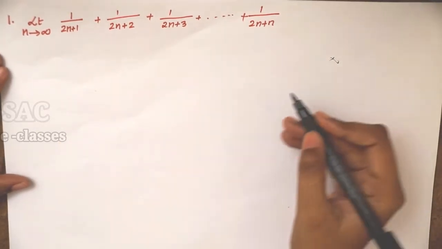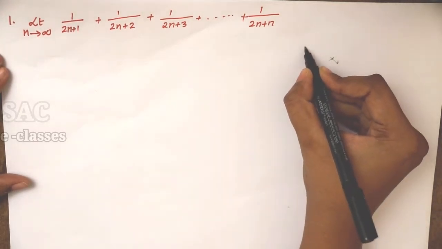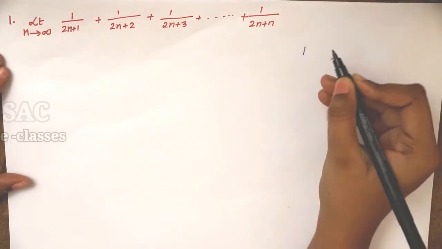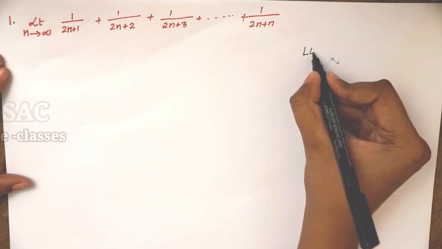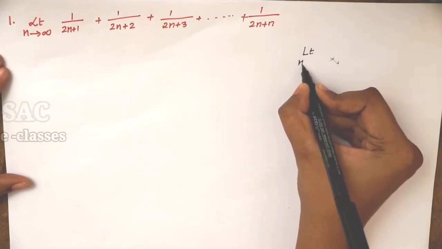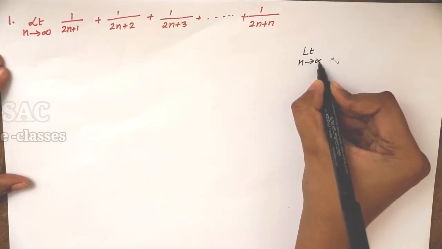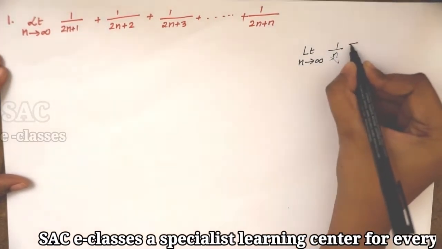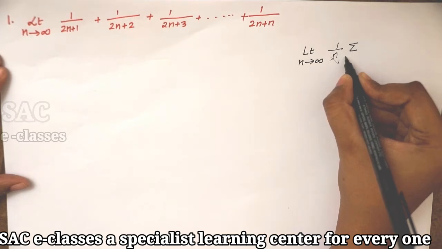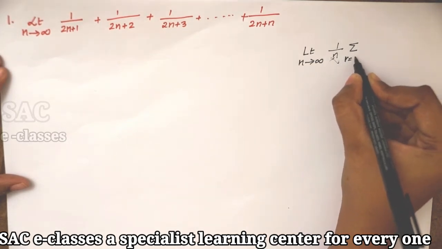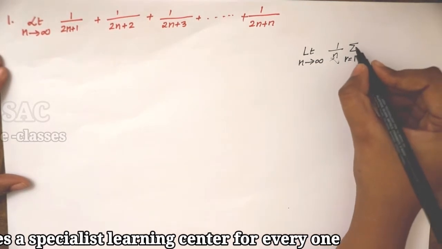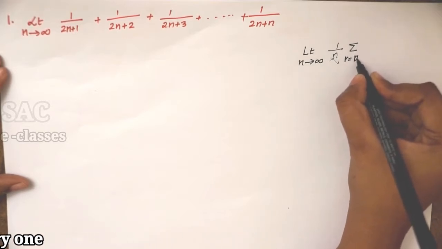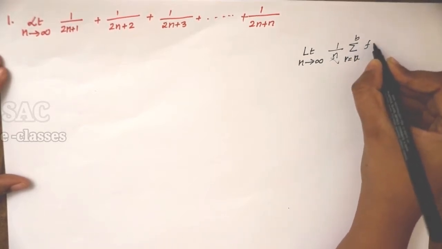Let's start our topic. First of all, in the limit sum, what you are supposed to observe is the general form of a limit sum: limit n tends to infinity, 1 by n, sigma, with a variable r from 1 to n, f of x.